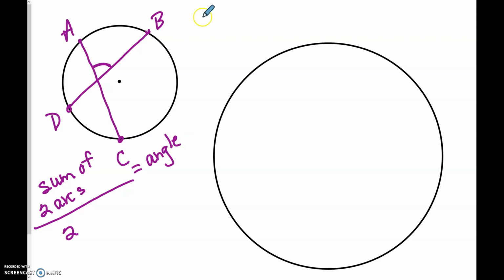So in this case, if we take arc AB and we add to it arc CD and we divide that by 2, that is going to give us the angle measure for angle AWB.